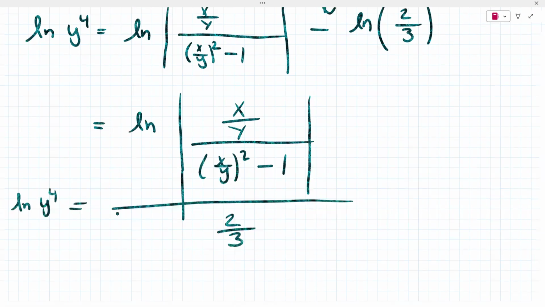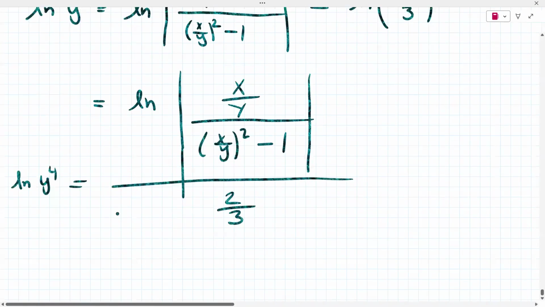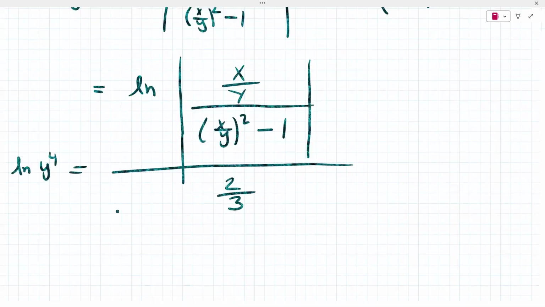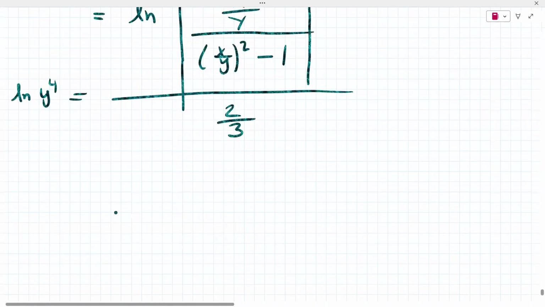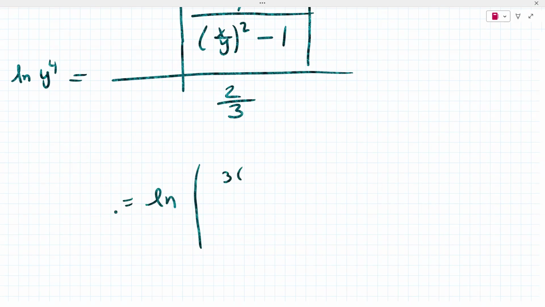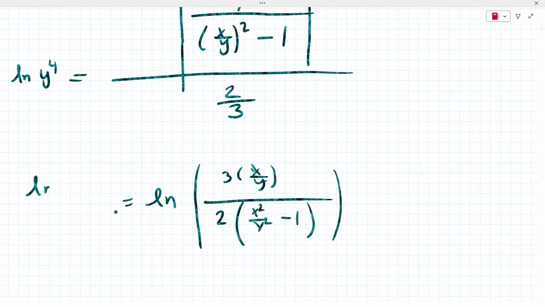And then what you could do next is, okay, so right here, if you simplify this, it's going to give you ln of 3 times x over y over 2 times x squared y squared minus 1, and then ln of y to the fourth.